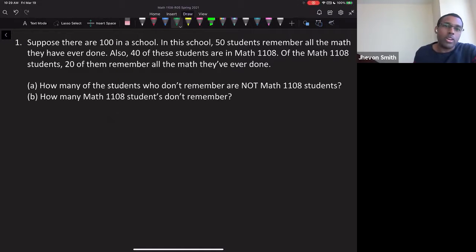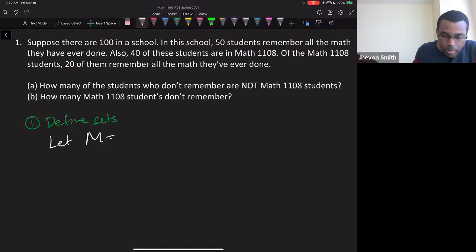I want you to figure out how many students who don't remember all the math they've ever done are not 1108 students, and how many 1108 students don't remember all the math they've ever done. So that's the basic question. So the first step is to define your sets. Let M be the set of Math 1108 students.